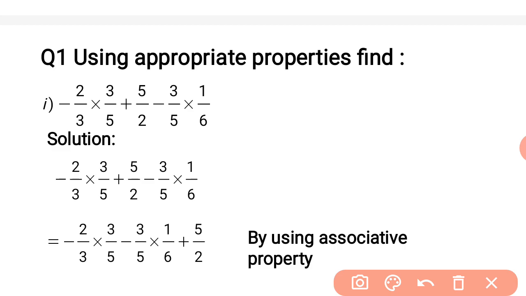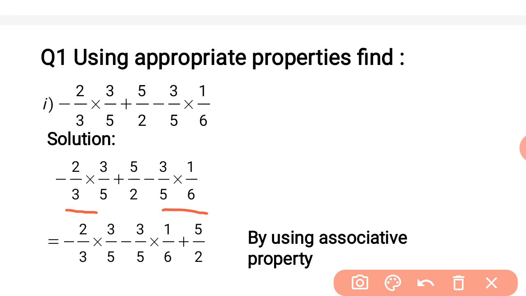Now children, if you study the first and the third term, you will see that there is something that is common between them. And the number that is common is 3 by 5. So children, what we have done is, first of all, we have used associative property. Associative property helps us to organize the step properly.